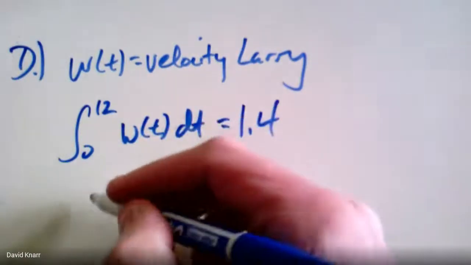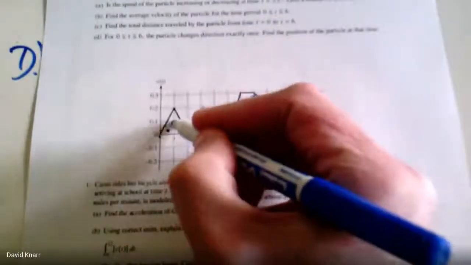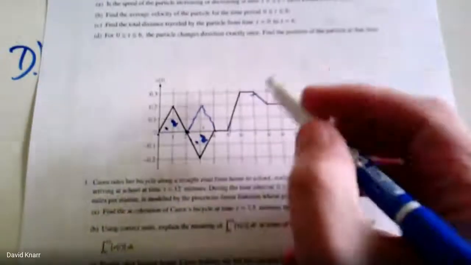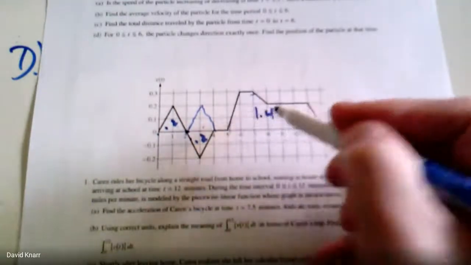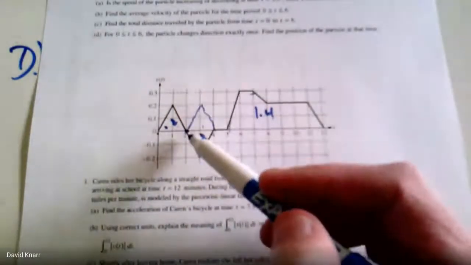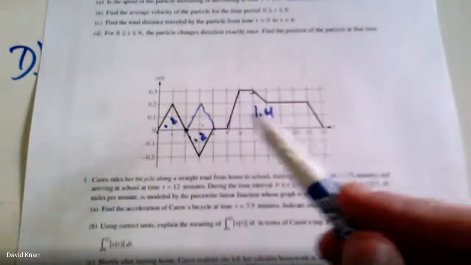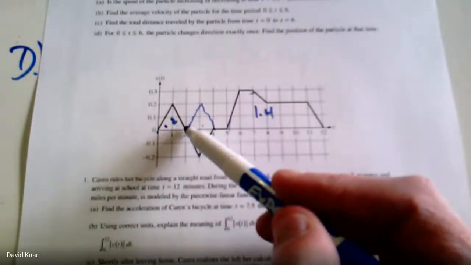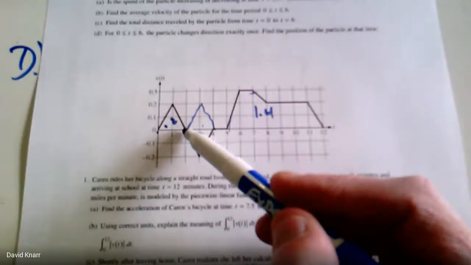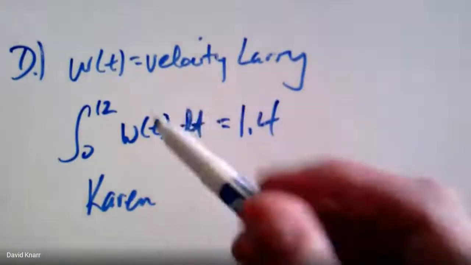Now, for Karen, if you look at the picture, this is 0.2, this is 0.2, and all this must be 1.4 if you calculate all of its area. So how far does Karen live from the school? Let's figure that out.